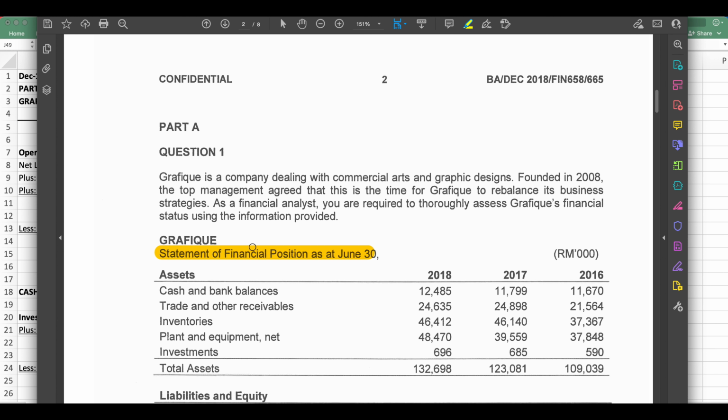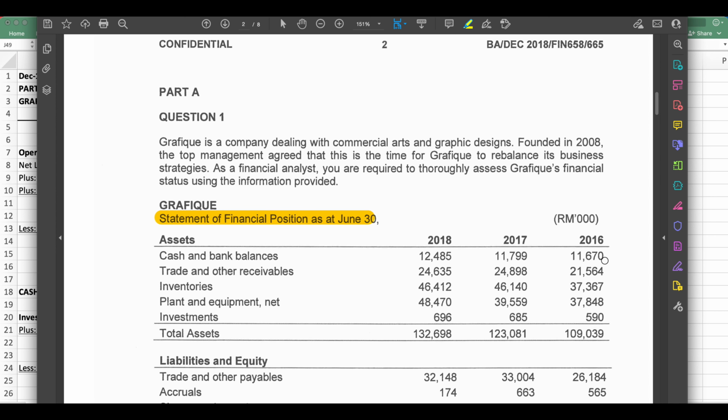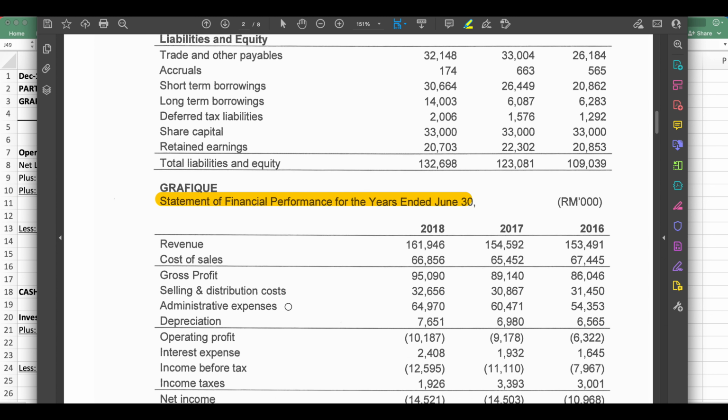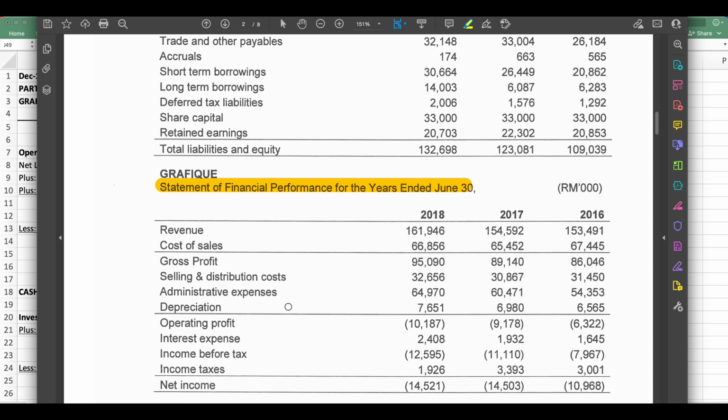The information provided is a statement of financial position as at 30th June for the 3 financial years, which are 2016, 2017 and 2018. The financial position is the balance sheet of the company. And then given the statement of financial performance for the year ended June 30th for 2016, 17 and 18. This is also called the income statement of the company.